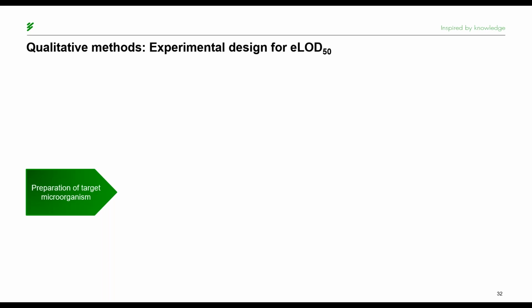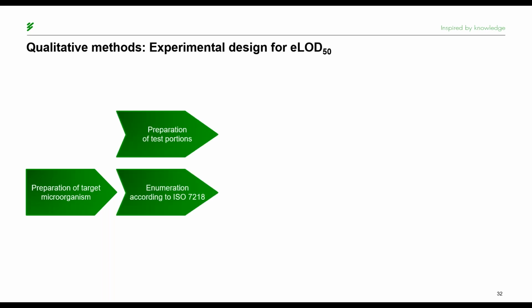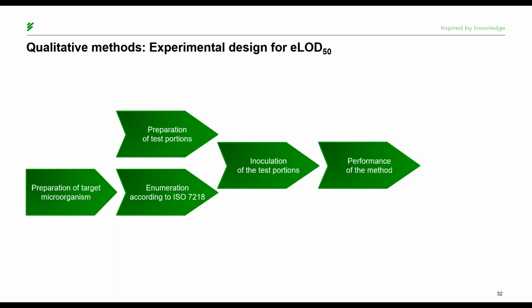It's quite simple, as you can see here, because it basically involves everything related to the target microorganism and the test portions, inoculating them, performing the verification method, and estimating the LOD50. So it's simple.